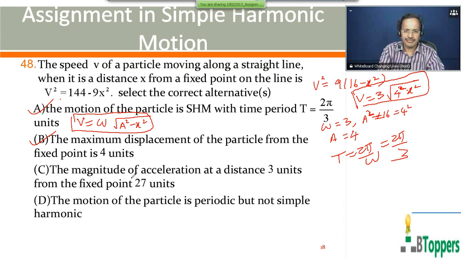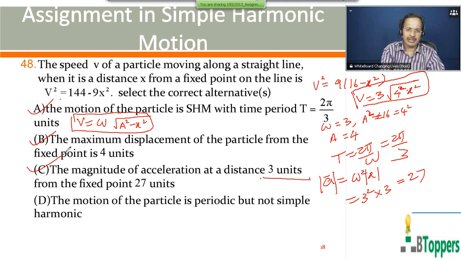Let us check statement C. The magnitude of the acceleration when it is at a distance x from the mean position is given by omega square into x. So when omega is 3, the magnitude of the acceleration when x is 3 units will be 3 square into 3, that will be 27 units.